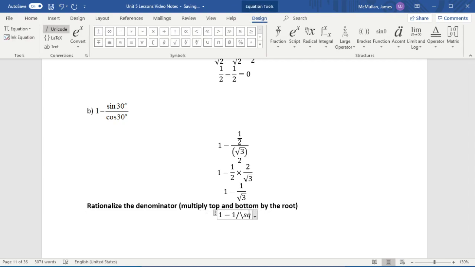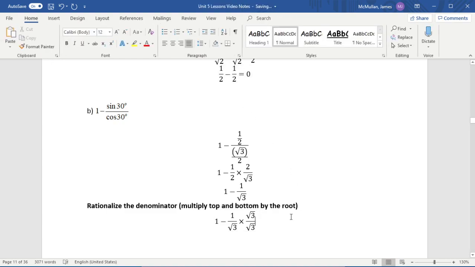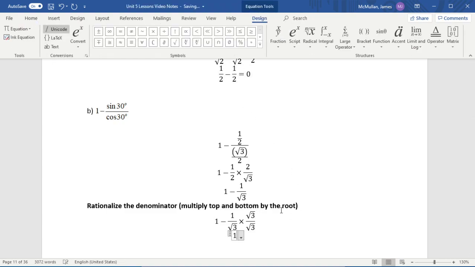So I'll just write what I'm doing here. I'm going to multiply the top and the bottom by square root 3 divided by square root 3. Okay, so I multiply the top and the bottom by root 3. What happens? I get 1 take away square root 3 divided by 3.